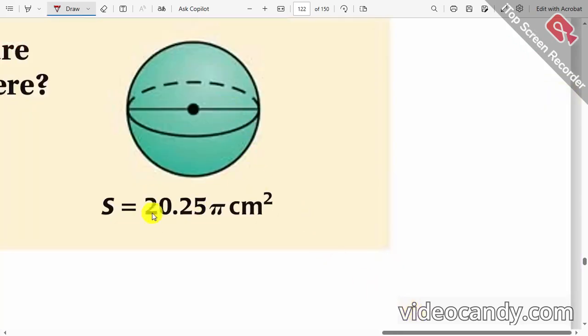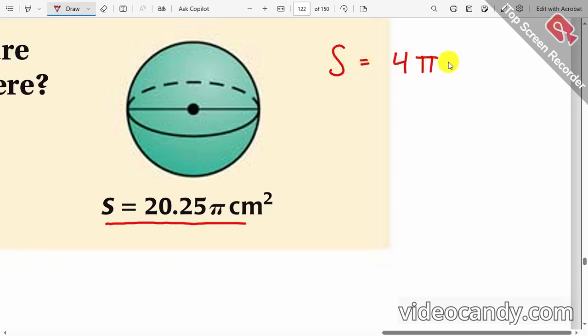Here's the diagram, and it gives us the same as in the write-up. The surface area is 20.25 pi. We know that the surface area for a sphere is 4 pi r squared. You could do the algebra first if you like, but I'll just do it the basic way for now.